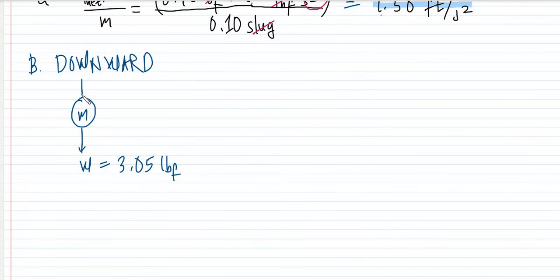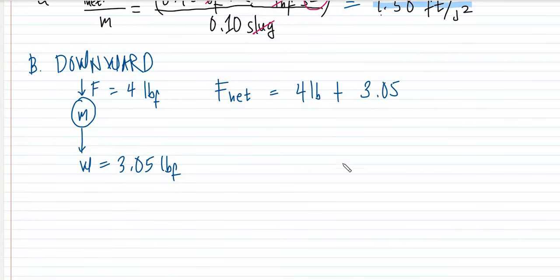If the external force F, which is 4 pounds, is acting downward, then our F net would now be equal to 4 pounds plus 3.05.